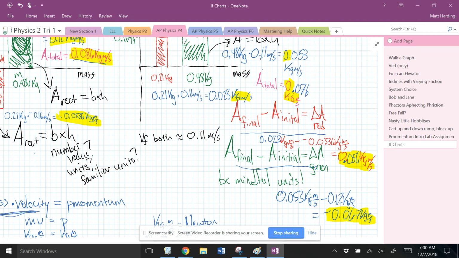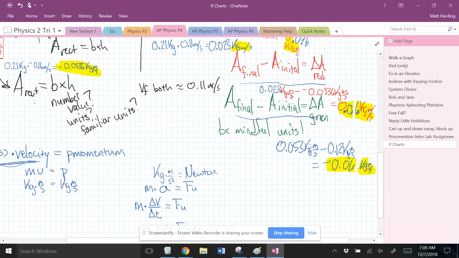If I just go ahead and round this up to 0.06 and forget about the 7 on here, then, hey, that's kind of how that works. This is 0.06 kilogram meters per second, this is 0.06 kilogram meters per second. But this one's positive and this one's negative.